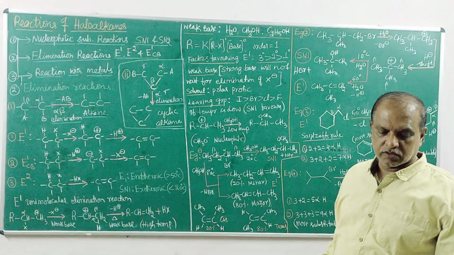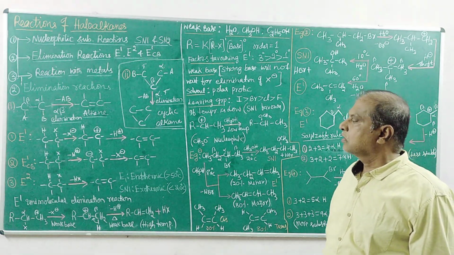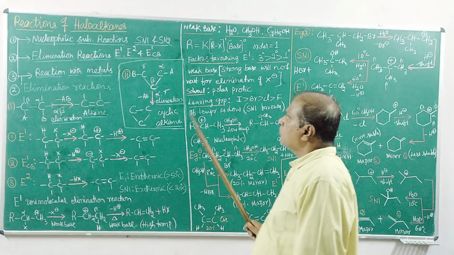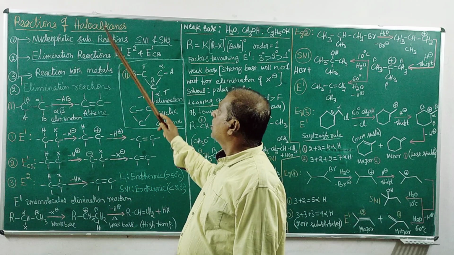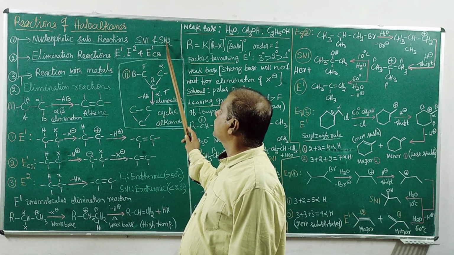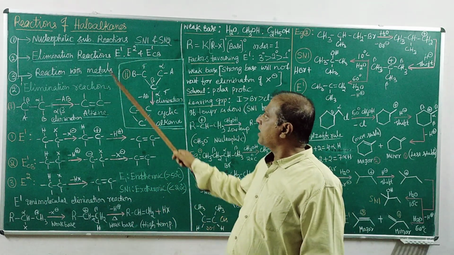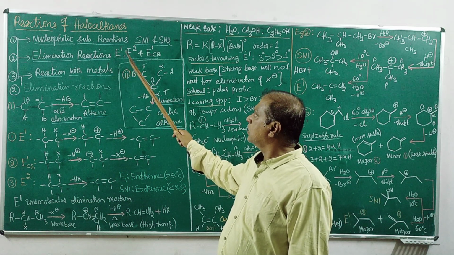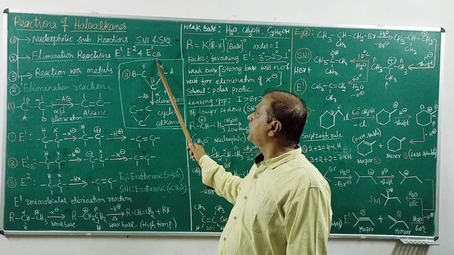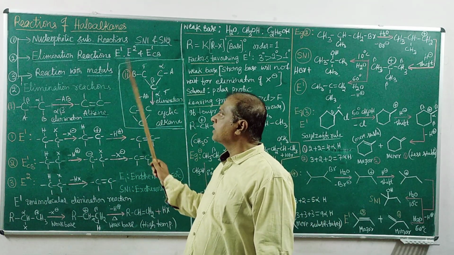The types of reactions the haloalkanes undergo are nucleophilic substitution reactions under the SN1 and SN2 mechanisms, and elimination reactions under the E1, E2, and E1CB mechanisms, and reaction with metals.